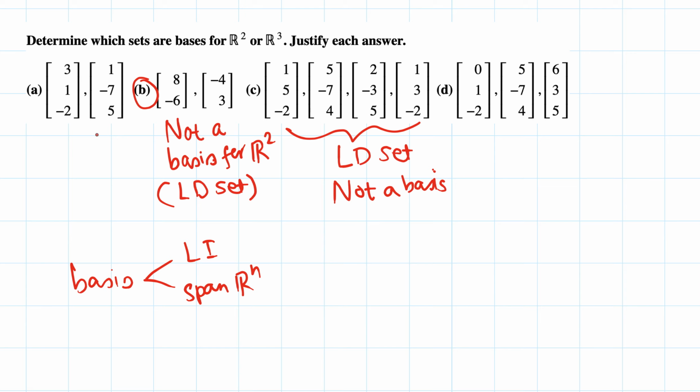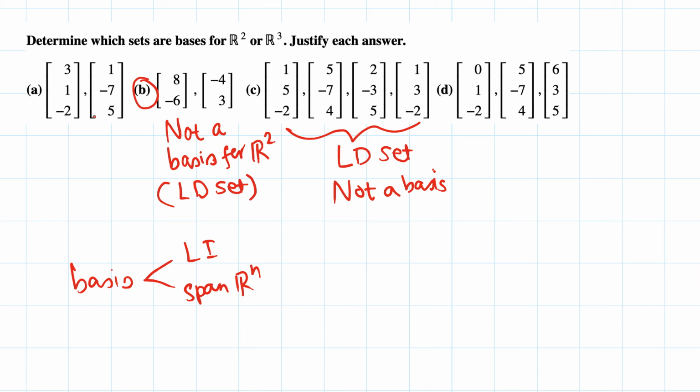We need at least 3 vectors to span R3, because if we do the row reduction, we need 3 pivot rows. And that's not possible when we have only 2 columns, because the bottom row will always be 0, 0. We can always make this 0, 0. So when we have R3, we need at least 3 vectors to span.